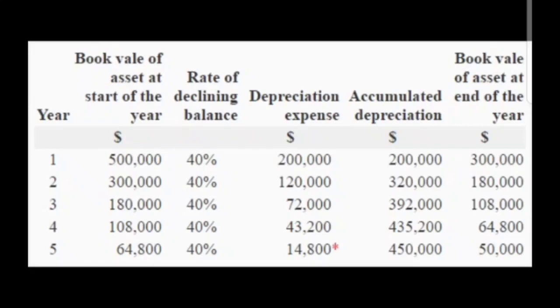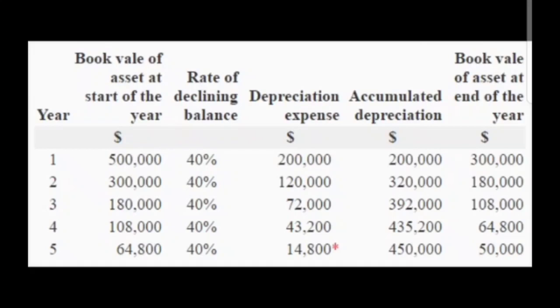Then in the second year we shall have $300,000, because we have discussed before, the formula says cost minus accumulated depreciation multiplied by rate. So in the second year we will have 3 lakh multiplied by 40%, and we will get $120,000.